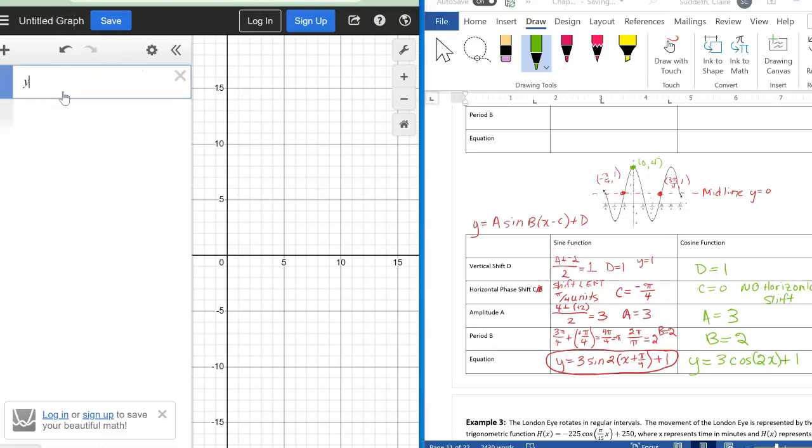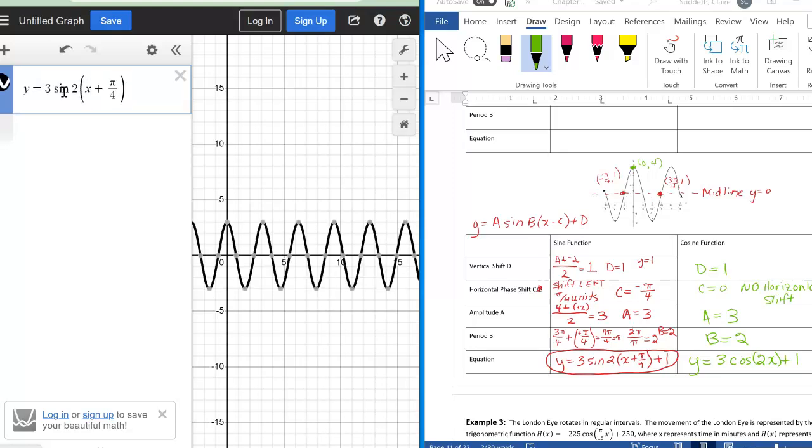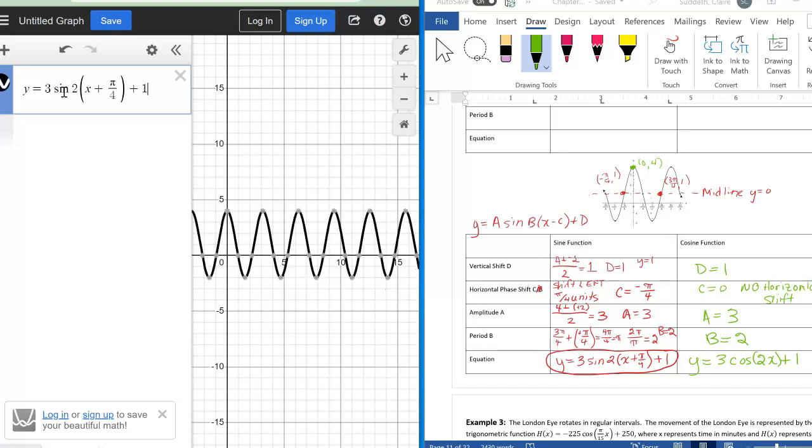And type in y equals 3 sine of 2 times x plus pi divided by 4, close parentheses, and then we're going to go plus 1. And as you can see here, the graph is being shifted up 1. Click on the points at 0, 4 was one of our points, and we want our other ones through our midline.